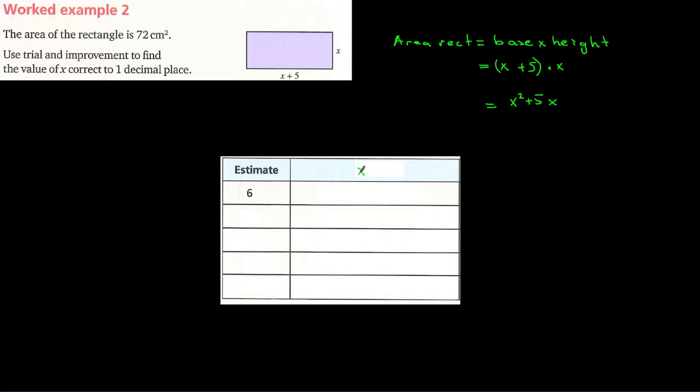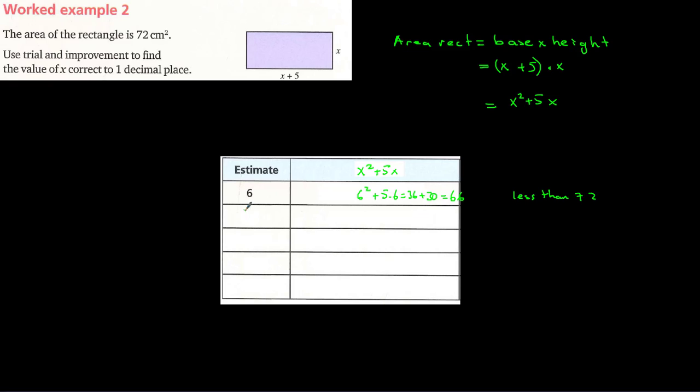So I'm going to try to guess x squared plus 5x, and I'm going to start to estimate the number with 6. Substituting 6 into this function, it is 6 squared plus 5 times 6, which is 36 plus 30, which is equal to 66. By the way, 66 is less than 72.